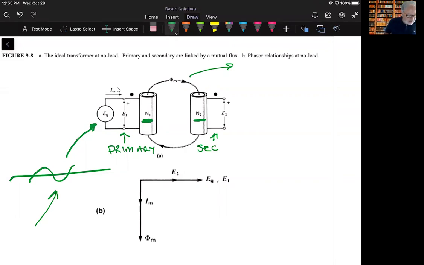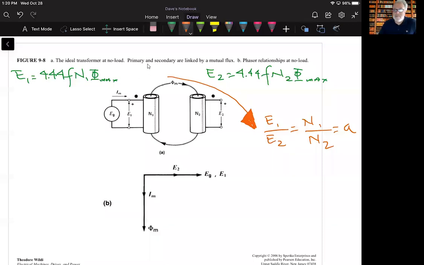So using equation 9.1, we could define things based on that equation for each side of this transformer.